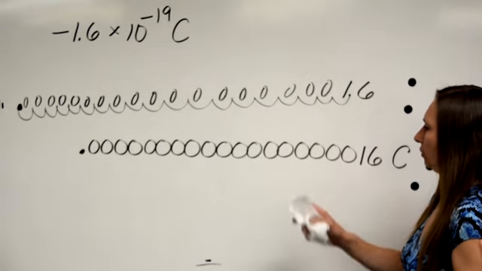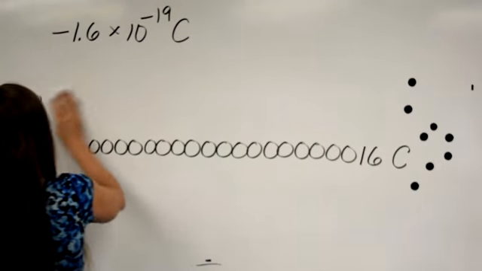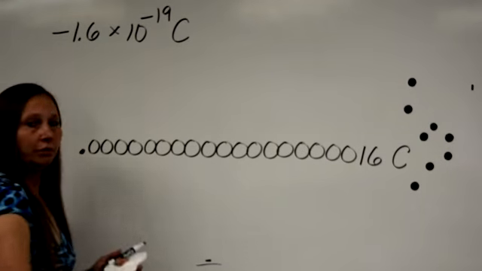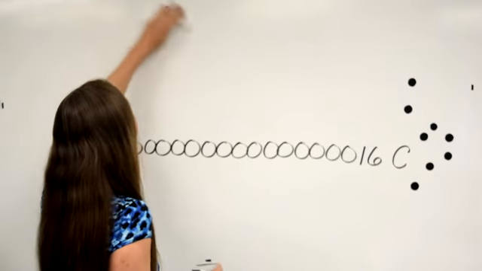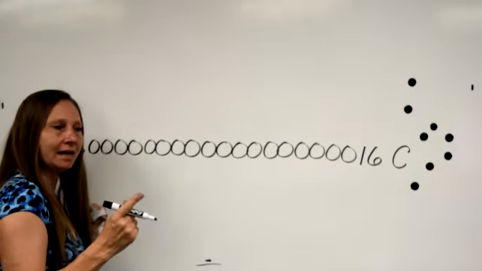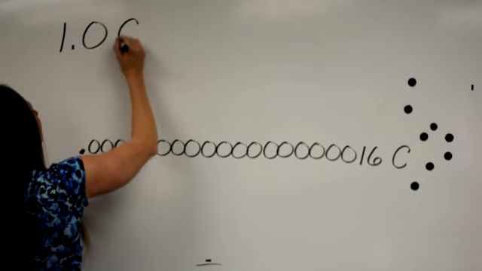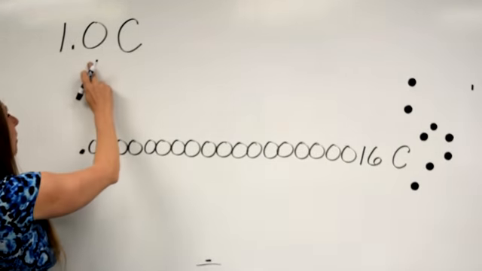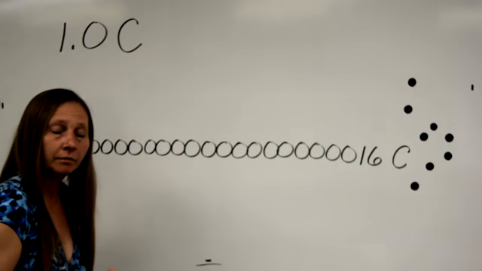So one electron has a tiny number of coulombs. That means that compared to the amount of coulombs that one electron has, 1 coulomb is huge. This number is huge compared to this number.